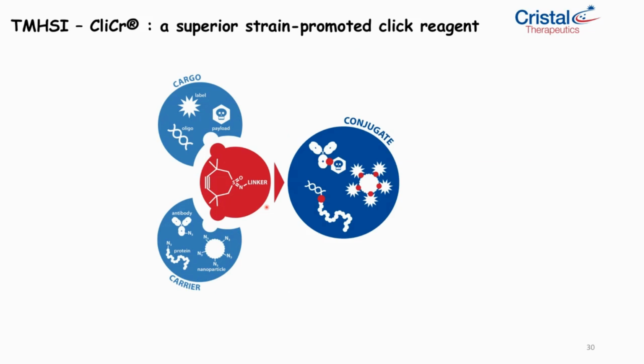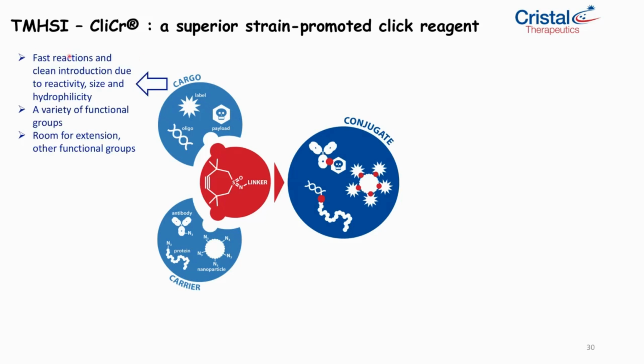Now, let me try to give you a summary of how this works. So we have TMTH-SI. Through the linker, we can introduce the cargo. The cargo can be really quickly introduced with the functional groups, and there is room for extension of additional functional groups. Now you have to have the cargo attached to a carrier.